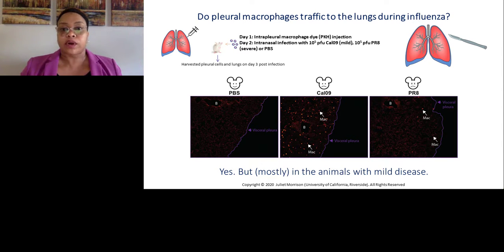And there are much lower numbers of these macrophages in our PR8 infected mice. So these are the mice that get severe flu and die.